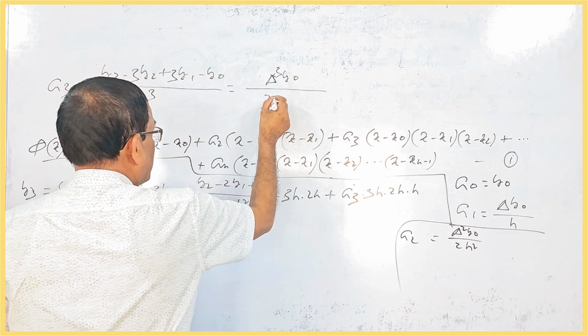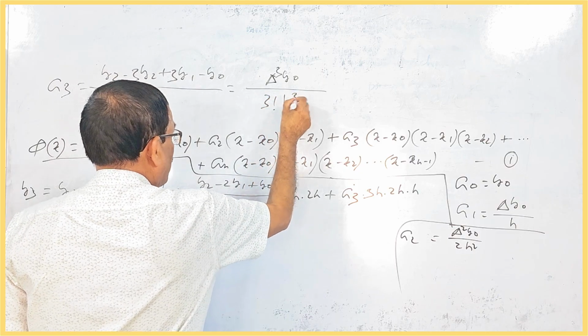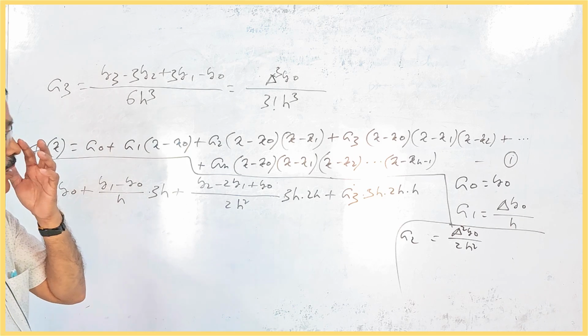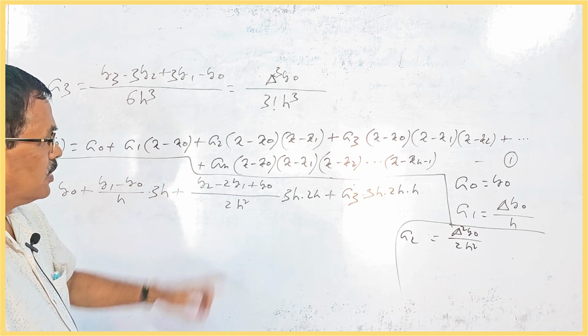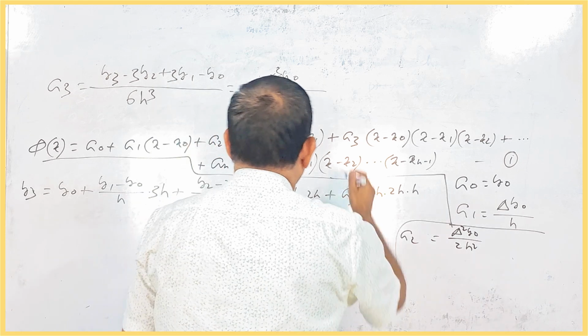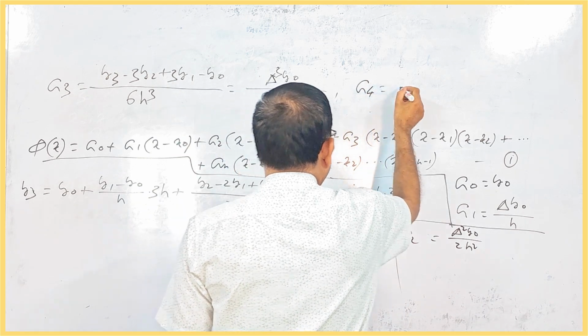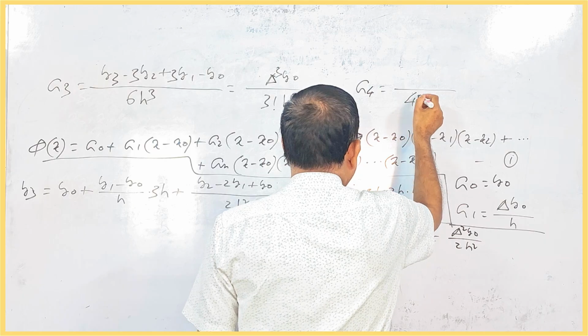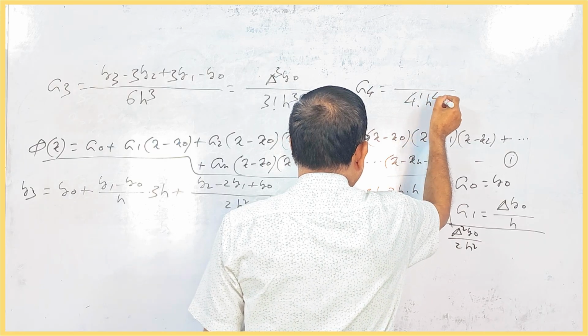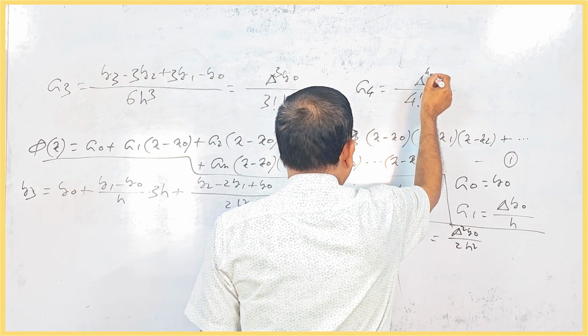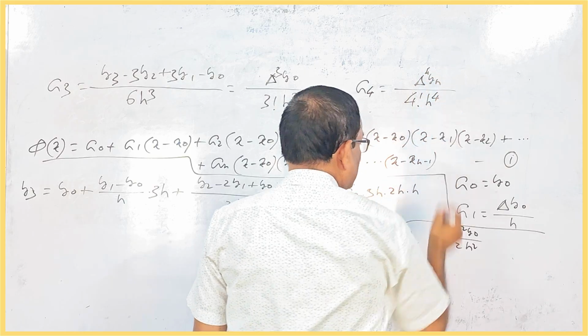So it is 3 factorial h cube. Now we can continue this process of computing the coefficients. So therefore I can get A4 as delta to the power 4 y naught divided by 4 factorial h to the power 4.